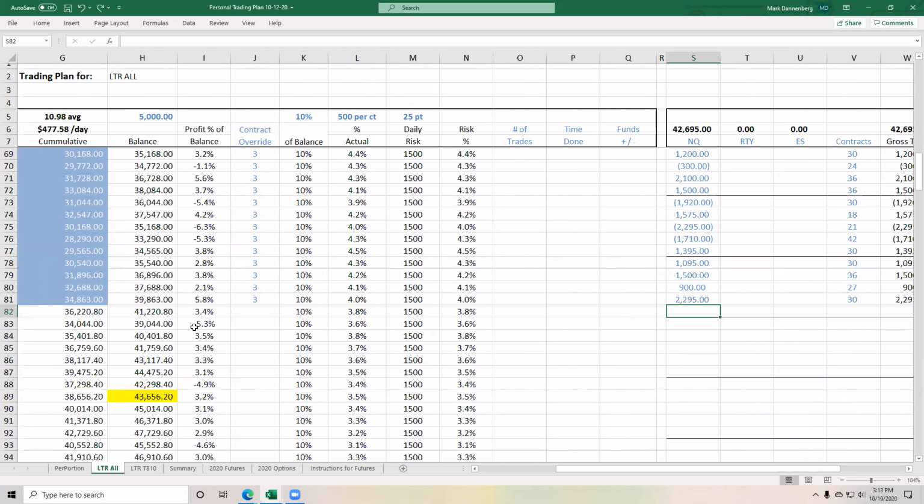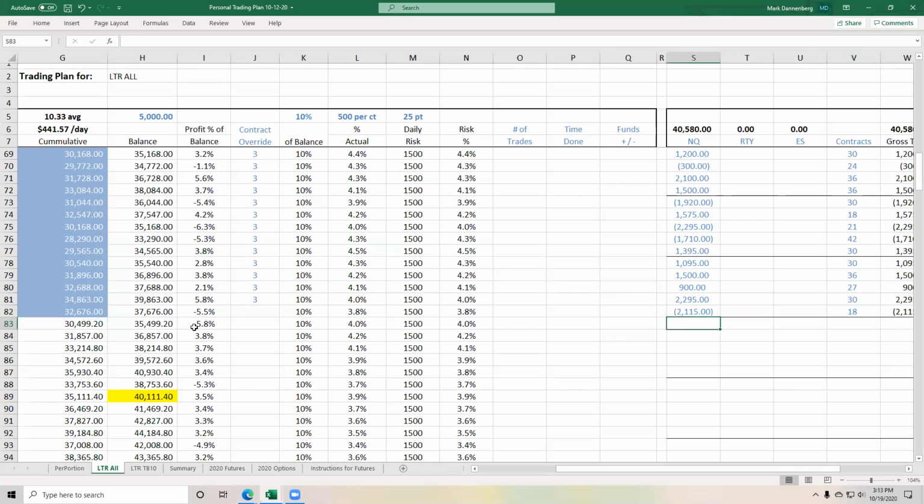So that's minus 35.25 points times $20 a point, and we're trading 3 contracts. So Friday was a minus 2,115, and we did 6 trades, so that's 6 trades times 3 contracts, which is 18 contracts.